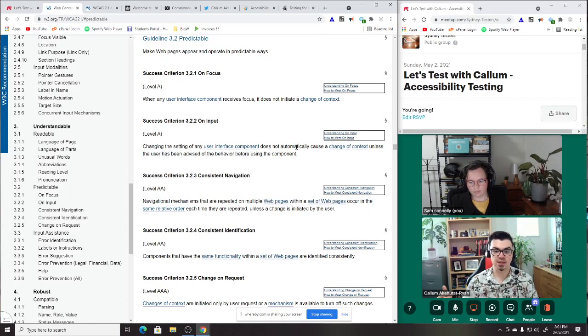So we might say, okay, text alternatives, what are they called? A label or a caption or something like that is enough to hit anything from A through to AAA.